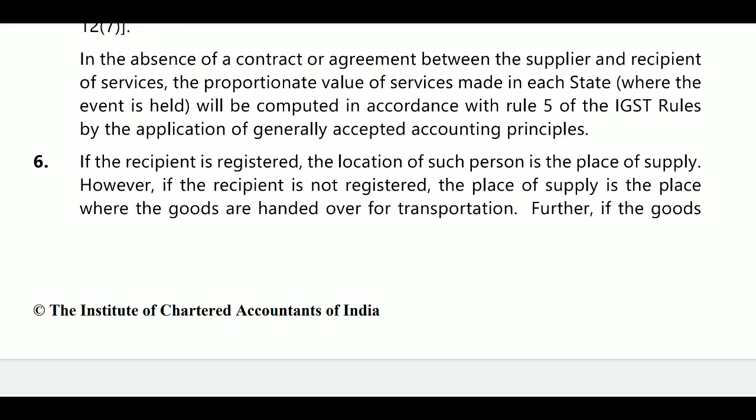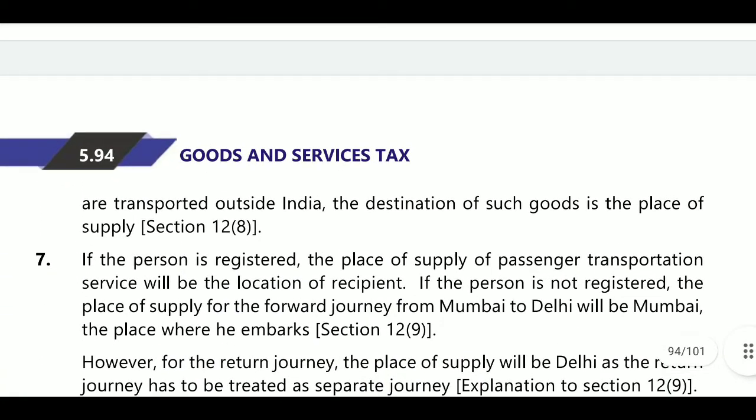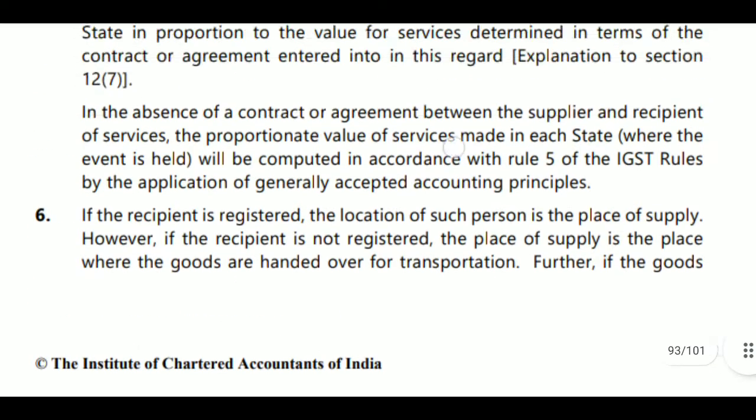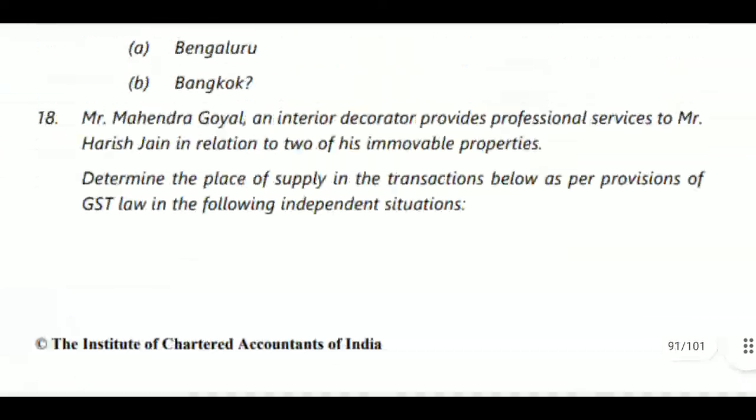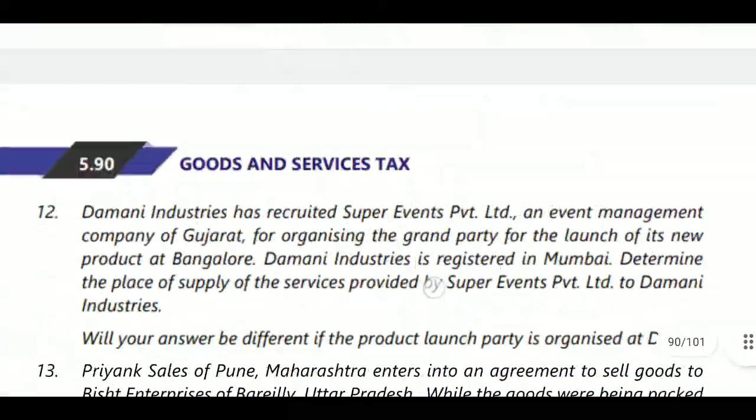Further, if the goods are transported outside India, the destination of such goods is the place of supply. Within India, it is the place where the goods were handed over; if the recipient is registered, the location of the recipient will be taken as the place of supply.